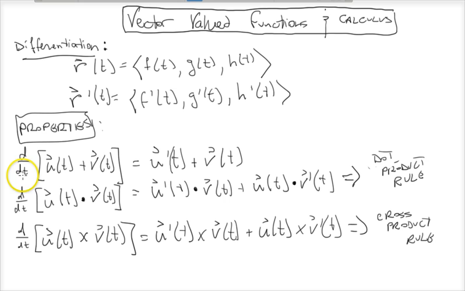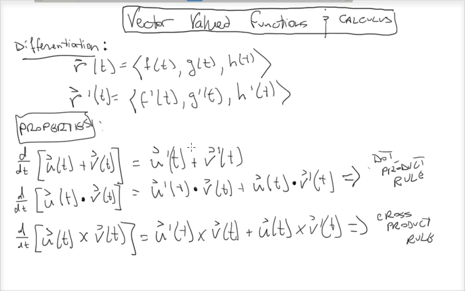If we're taking the derivative of the sum of two vector-valued functions, or for that matter the difference between two vector-valued functions, we have the same property as when we take the derivative of the sum of two single variable functions, and that is you just take the derivative of each vector-valued function, and then add them.